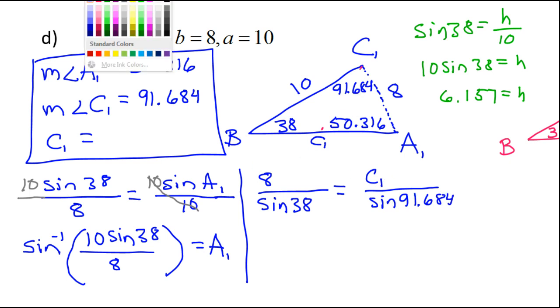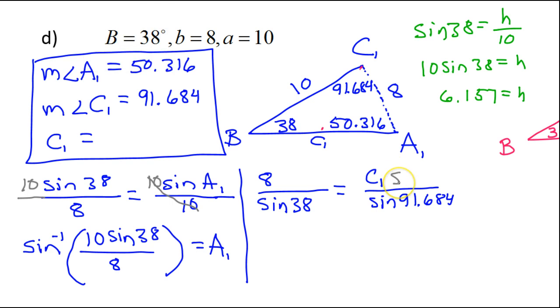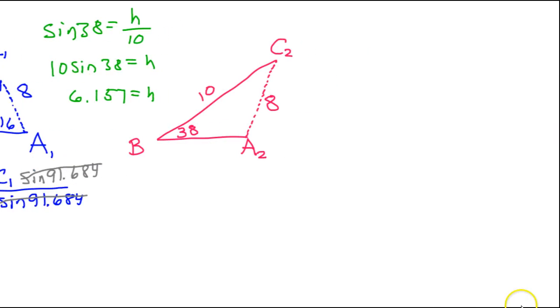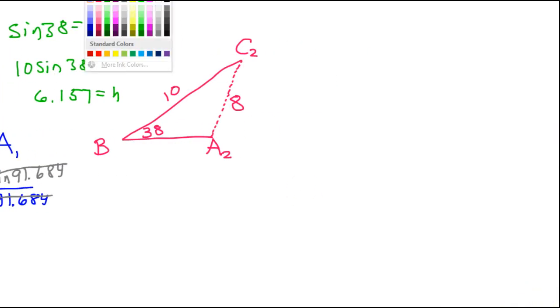To get side C1 by itself, I need to multiply both sides by sine 91.684. That way these are going to cancel each other out. Put all of this in your calculator at once. That's 12.989. So we have solved for the blue triangle, but now we need to solve the red triangle.